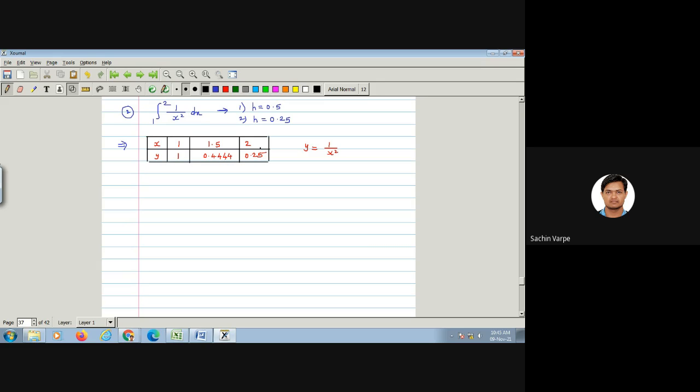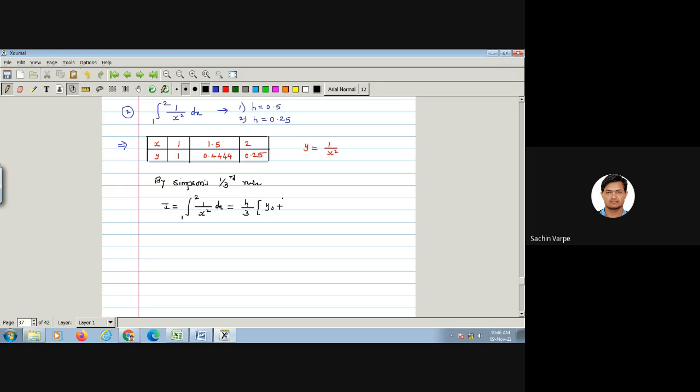So when I substitute this into the formula by Simpson's one-third rule, I is equal to integration from 1 to 2, 1 upon x square dx. So that is equal to h by 3. Let me write the formula first. Into sum of first and last ordinate. What is first ordinate here? y naught.